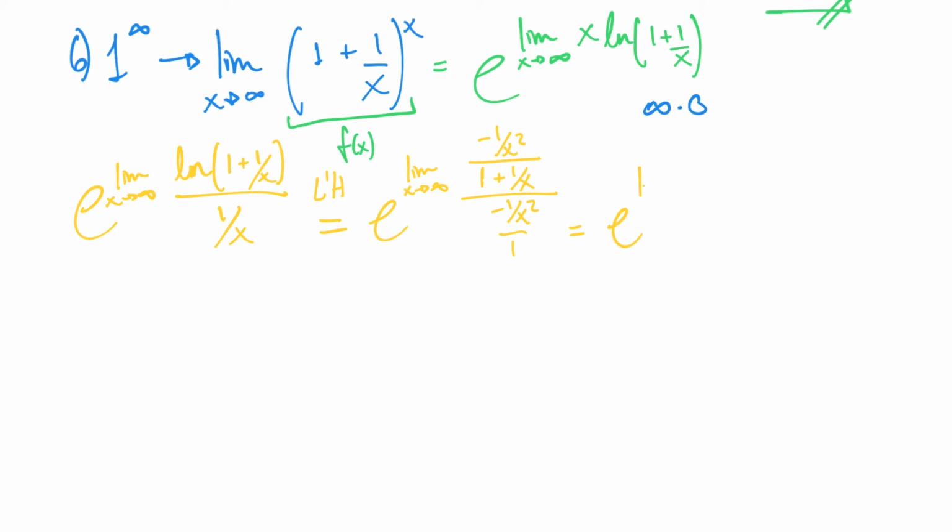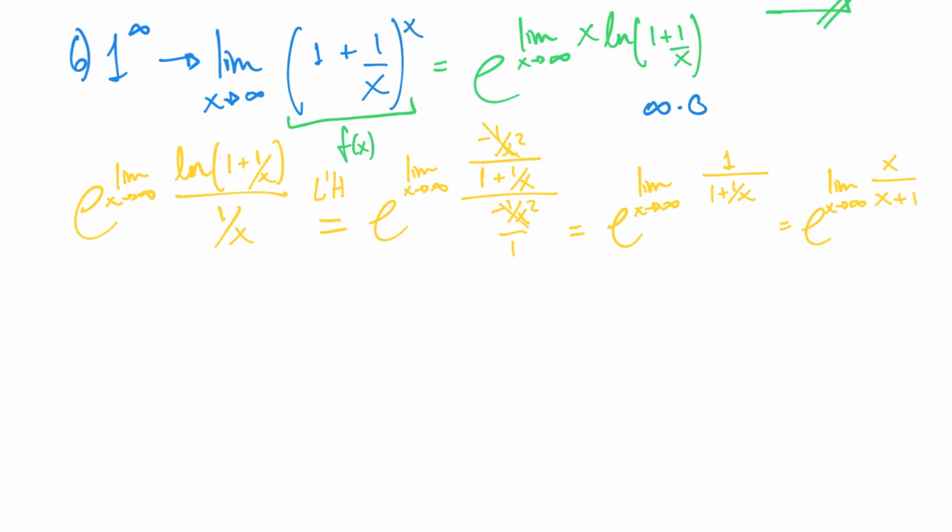So this is going to be e to the limit of x approaching infinity. This is going to cancel out with this, and then I'm going to end up with 1 over 1 plus 1 over x. This is limit as x approaches infinity of x plus 1.